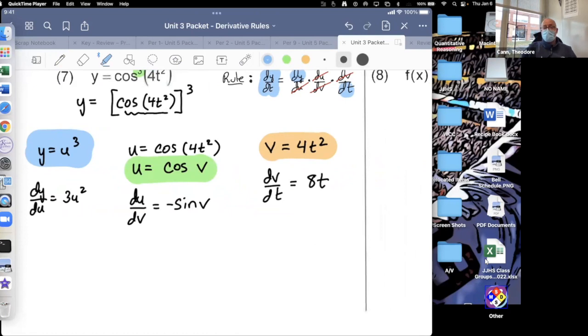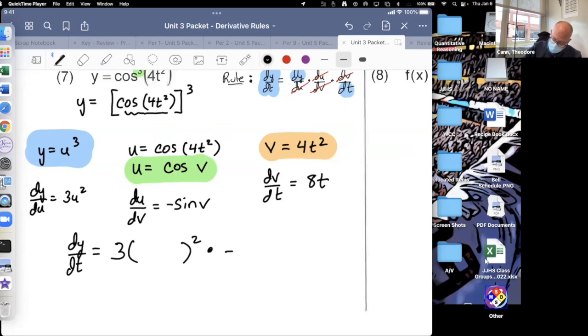So we know we're in a good spot if we multiply these three ratios together. So that tells me I can take my three expressions and multiply them together.